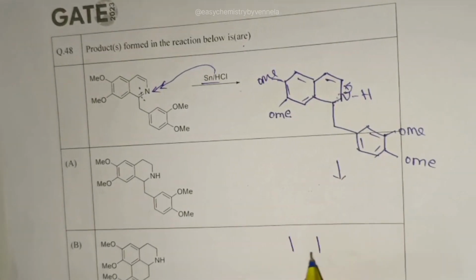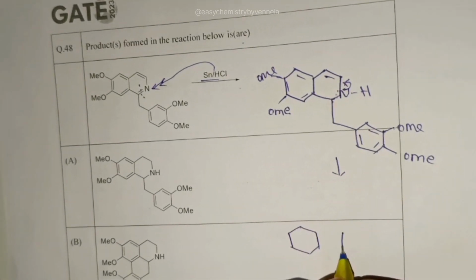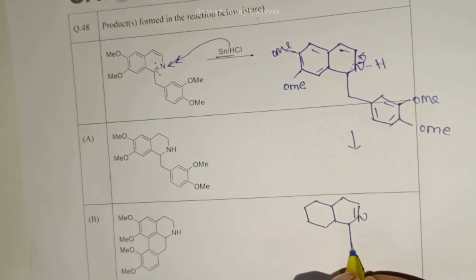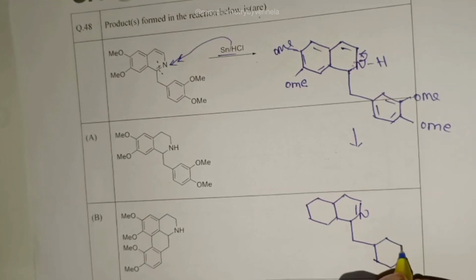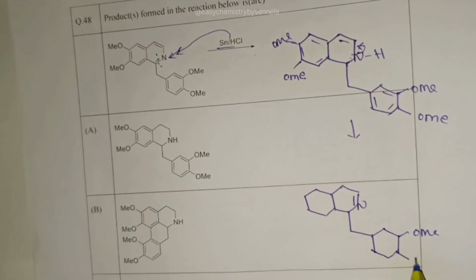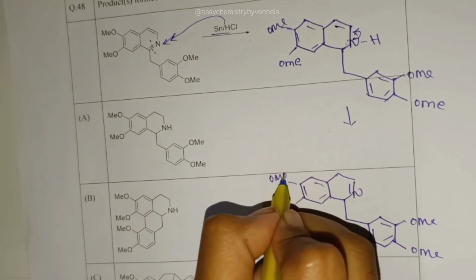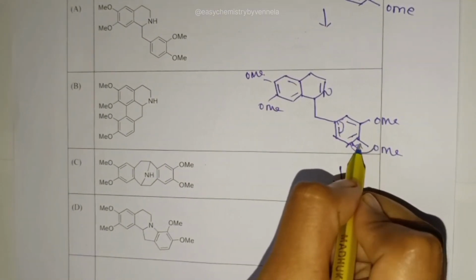So next is, here it form double bond like this. Next, this bond migrates here and it will form bond like this here. Sorry, here bond like this.